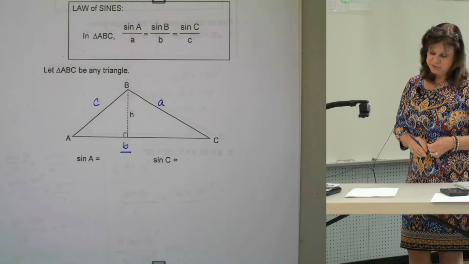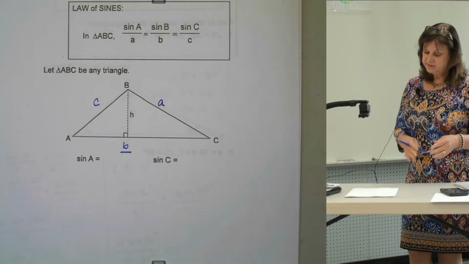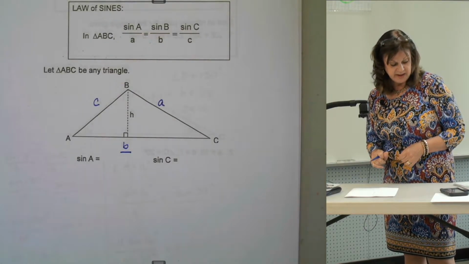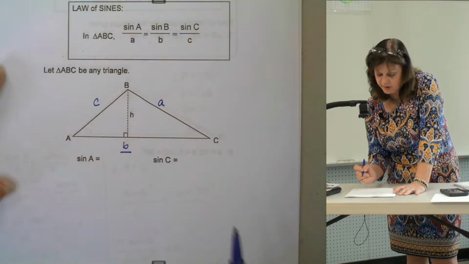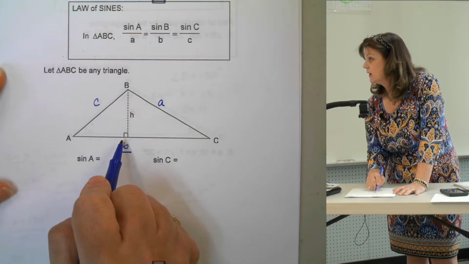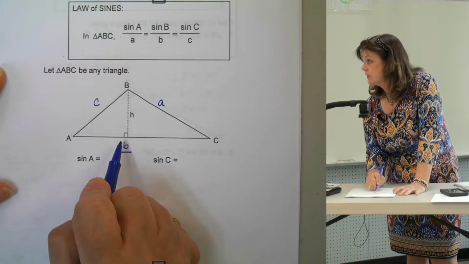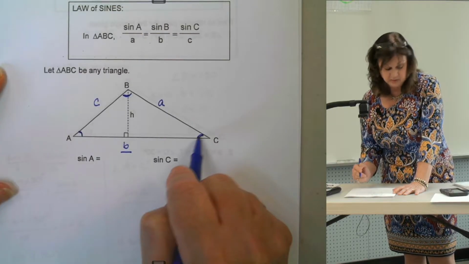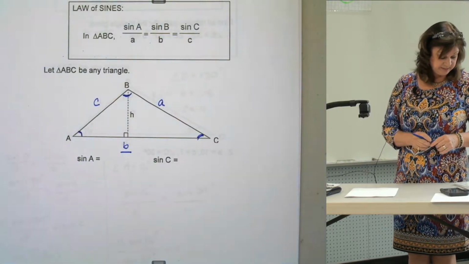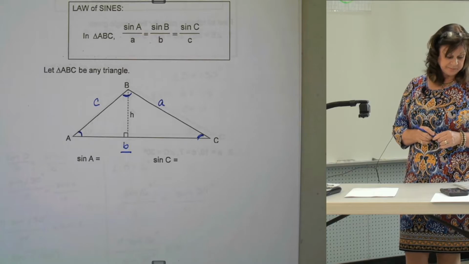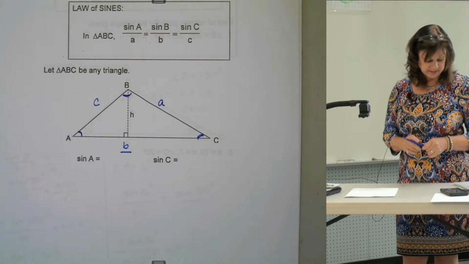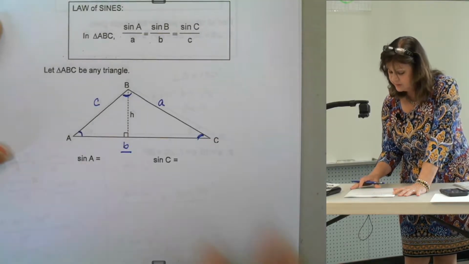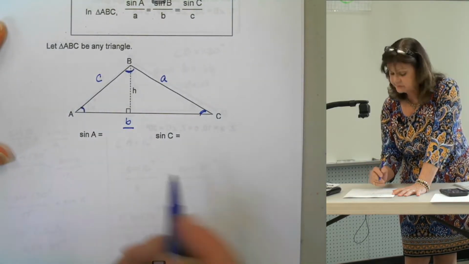All right, so everything here is unknown to me. I've got triangle ABC, and I know that this is a 90-degree angle right here, which means I'm going to need to find angle A, angle B, and angle C. Let's talk about what the relationships are here.